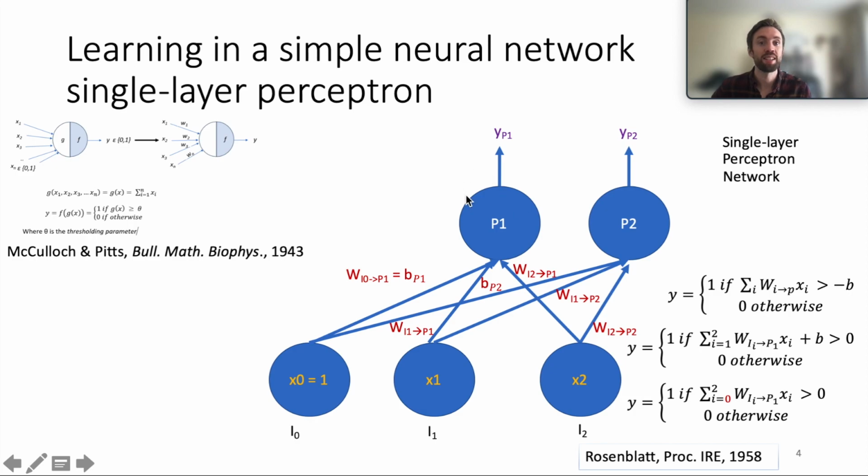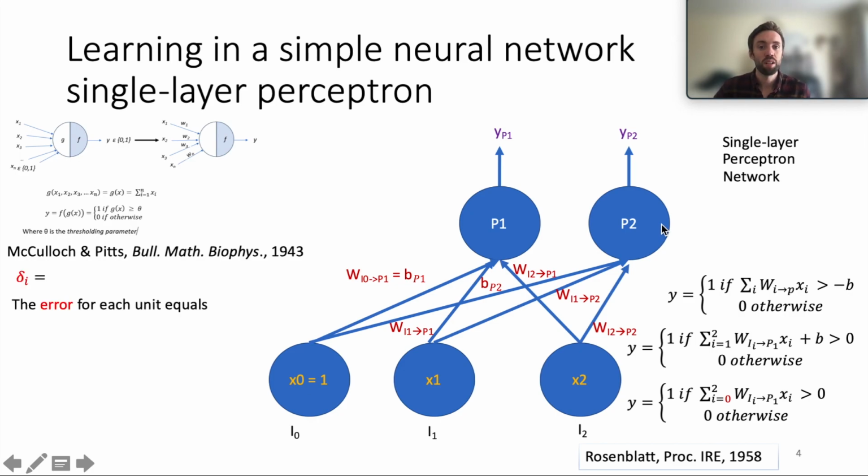This was for a single neuron, but we can have many different neurons in the same layer of this network. And this is a single layer perceptron network. Notice, however, that these neurons in this layer do not interact with each other.